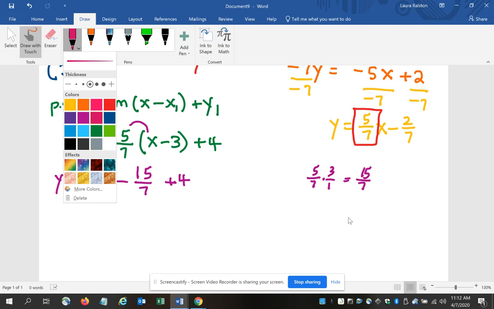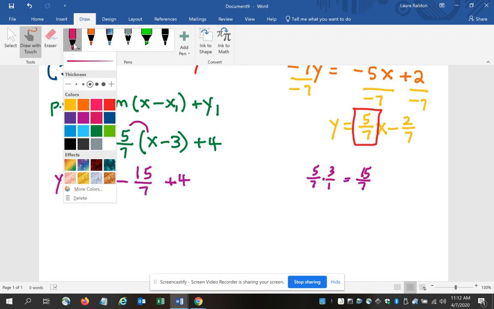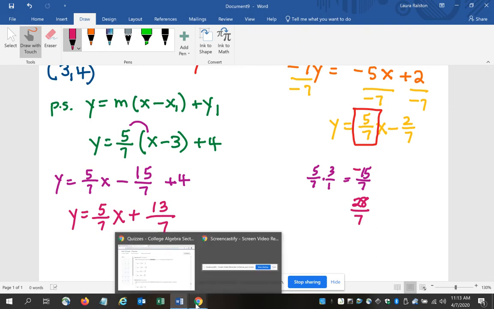I have 4 pizzas, 7 slices each. So I would have 28 slices. And I have different signs, so we subtract. 28 minus 15 is 13/7. Use the sign of the larger, it's positive. So we end up with y equals 5/7 x plus 13/7.